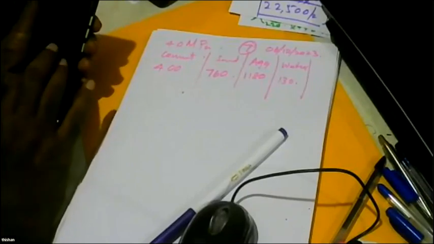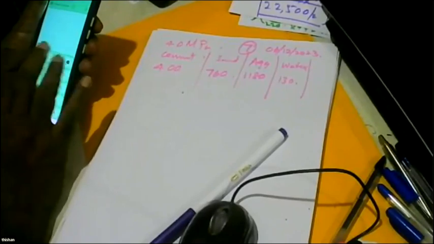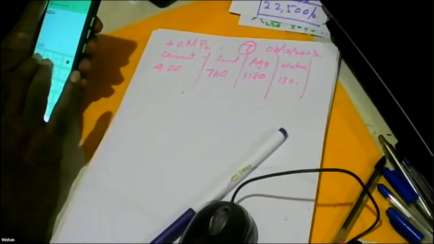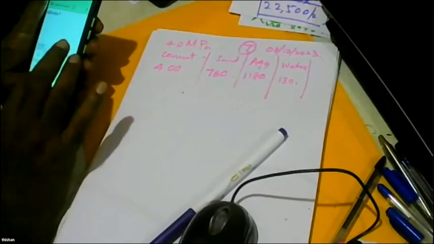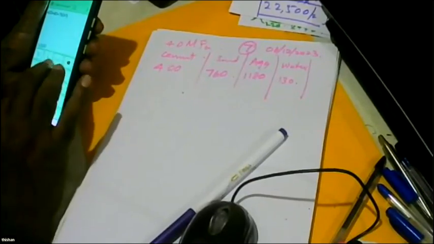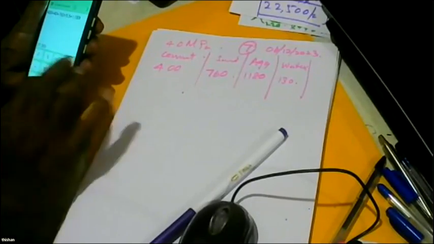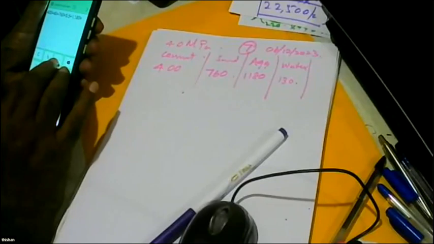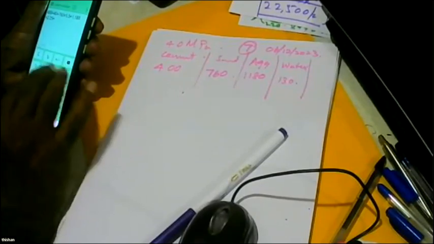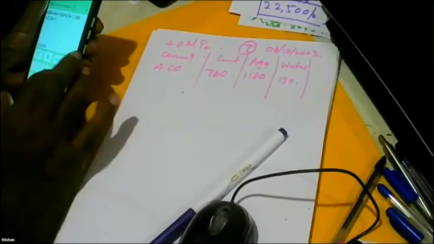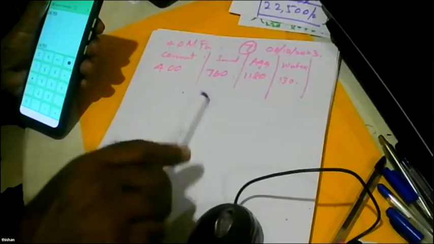The cost will be 400 multiplied by 40, plus 760 multiplied by 550, plus 1180 multiplied by 2.25, plus 1950. 25,000.